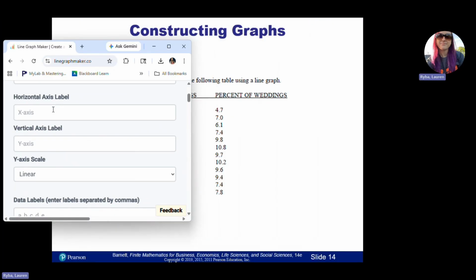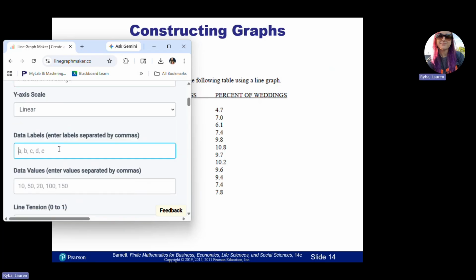I could say horizontal axis is month, vertical axis is percent of weddings, linear scale. So then I can just type all my months: January, February, March, April, May, June, July, August, September, October, November, December.